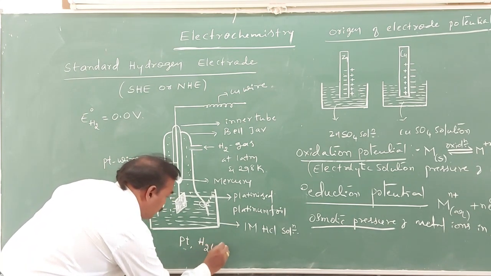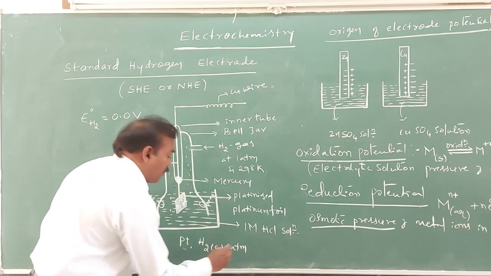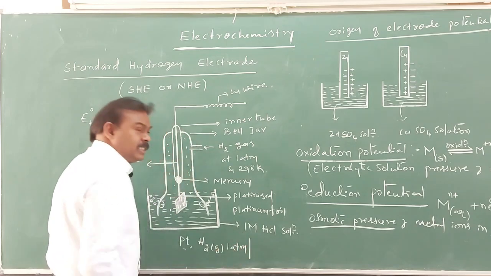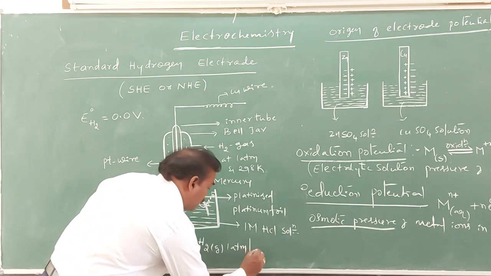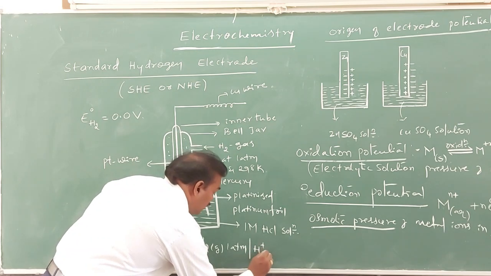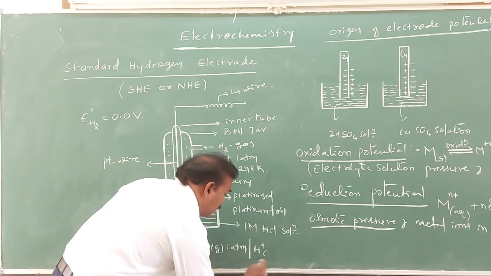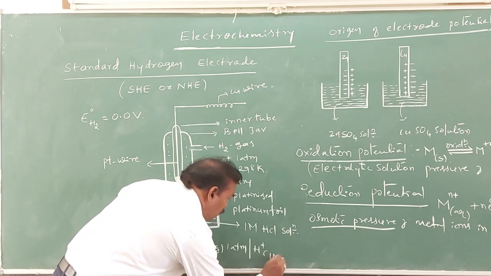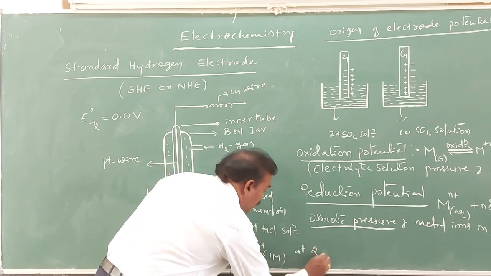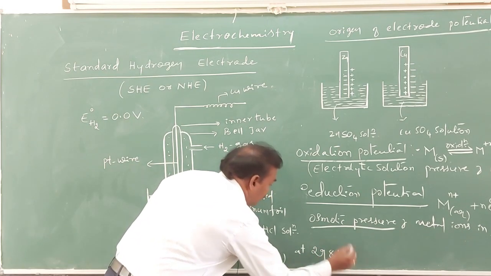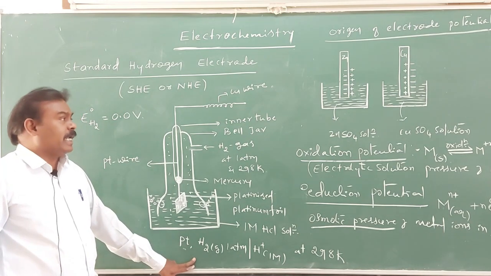Then hydrogen gas at a pressure of 1 atmosphere, and we mention the single line which indicates the phase difference. This hydrogen gas, and then here is the hydrogen ion of 1 molar concentration. If you want, we can also mention 298 Kelvin. This is what is called the representation of the standard hydrogen electrode.